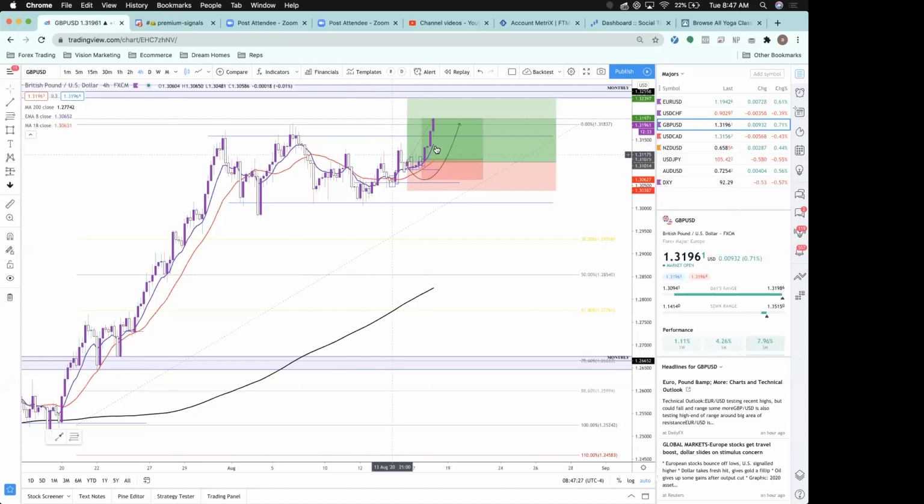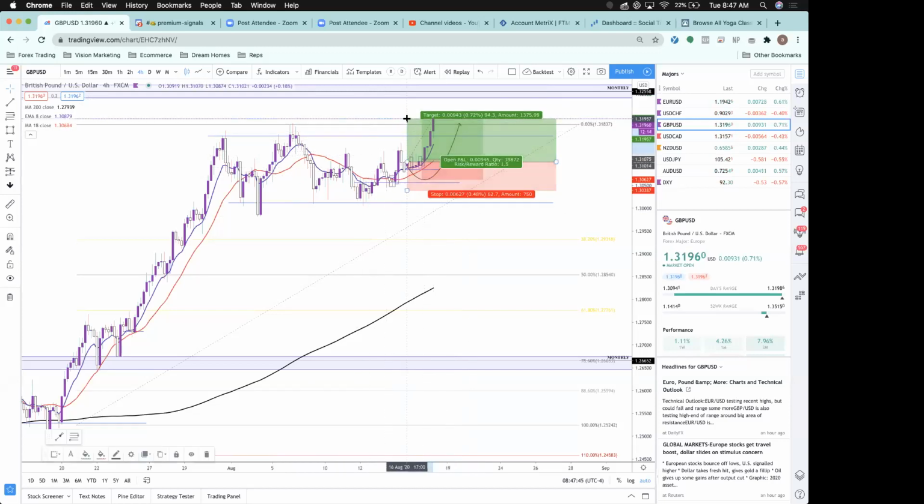But I knew we were at that point right here. I knew we were either going to reject this area, potentially lose my profits, go back to break even, or accelerate into that upper area, make that new high that we're forming right now. We're making this new high now. The potential here was massive to make a new high. And that's exactly what we're doing right now.